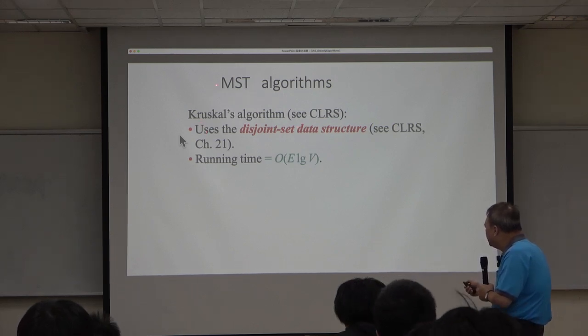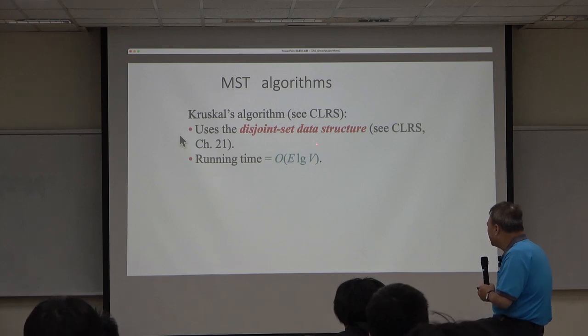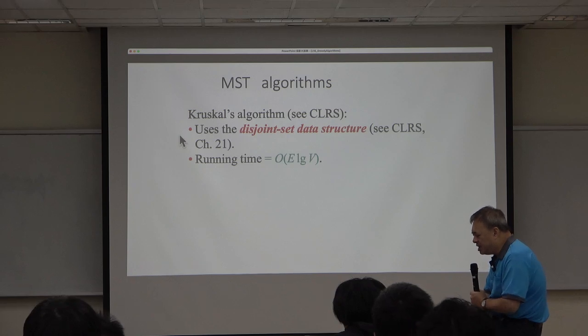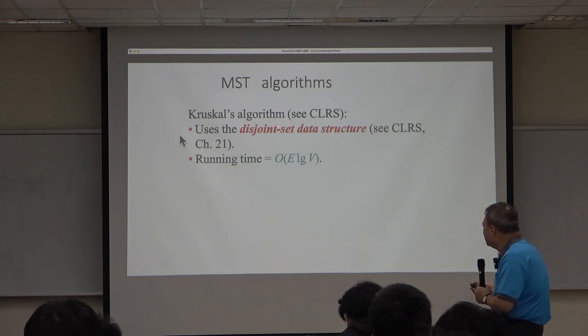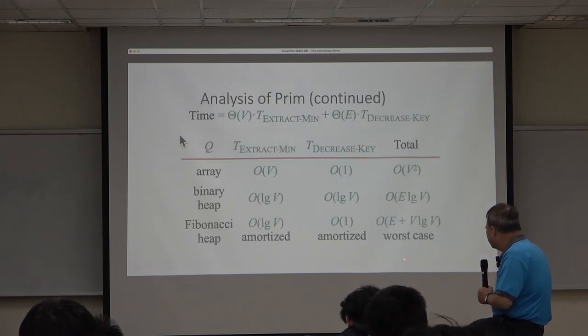But it utilizes the disjoint set data structure, which we did not discuss in this class because of the time constraint. I have to skip that. But the running time for Kruskal's algorithm will be E log V. So you can see that E log V is as good as binary heap, right?